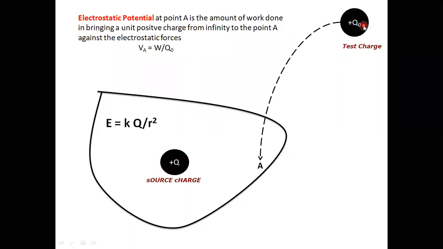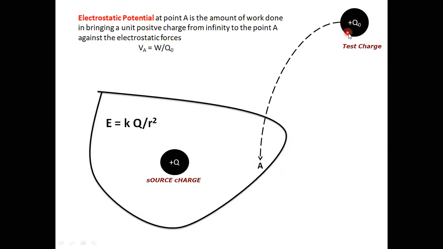Let us assume that it is at infinity. Now we want to bring it from infinity to a particular point A, as you can see here. This point A is within the electric field due to this source charge.